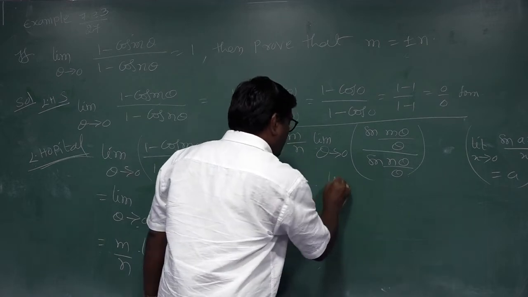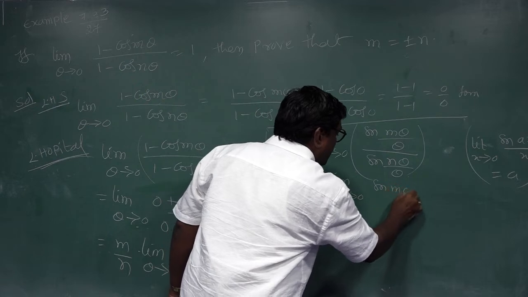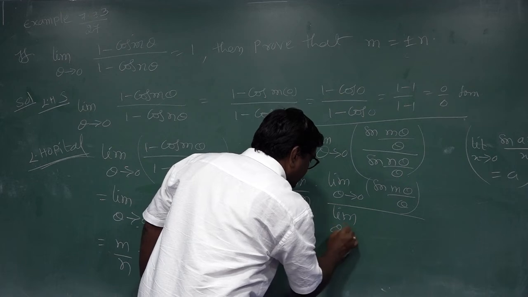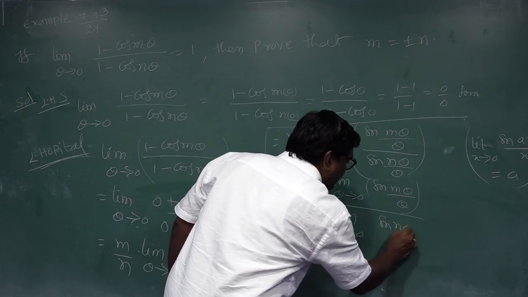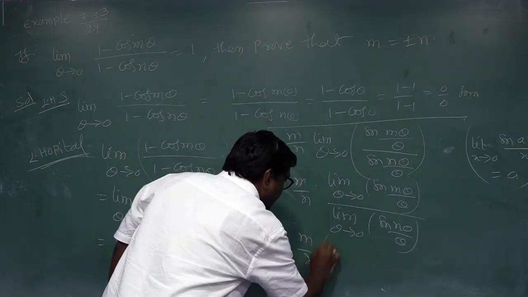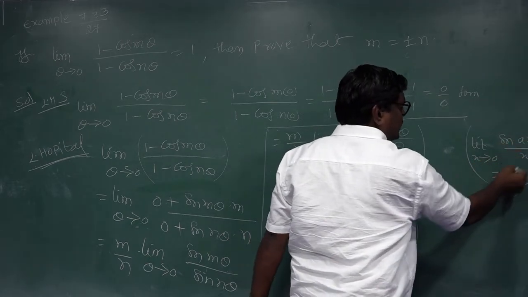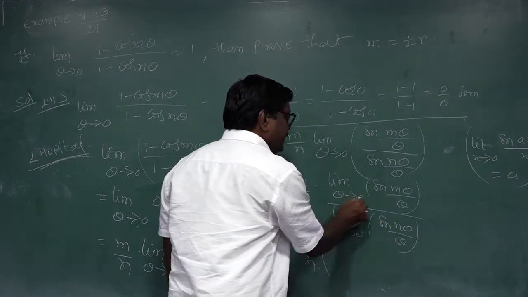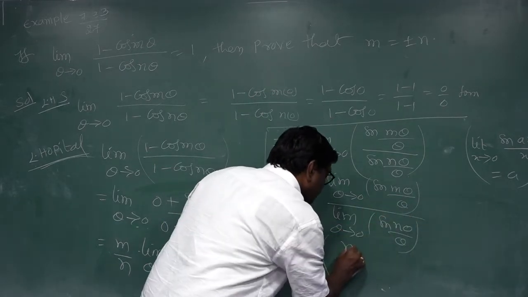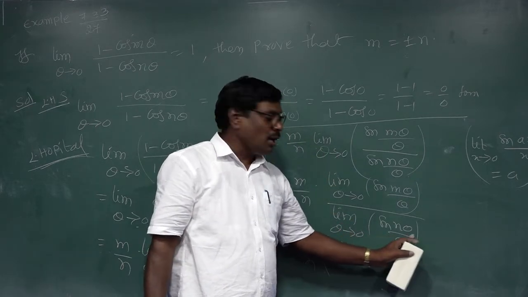So we get m by n into limit theta tends to 0, sin m theta by theta, over limit theta tends to 0, sin n theta by theta.